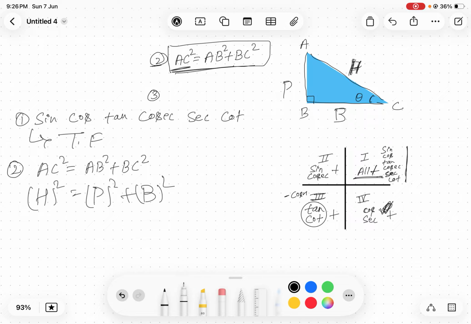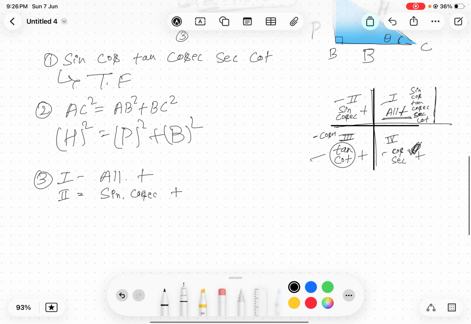Okay, second thing. Third thing you have to remember is that this is the quadrant, first, second, third, and fourth. So in first quadrant all functions are positive. In second quadrant sine and cosec is positive, and in third quadrant tan and cot is positive, this is T. Okay, and in fourth quadrant cos and sec is positive.